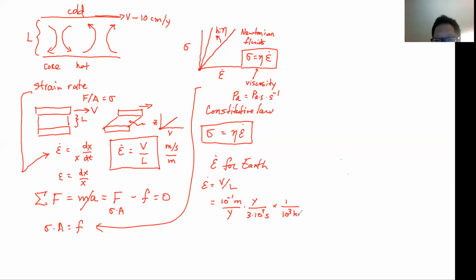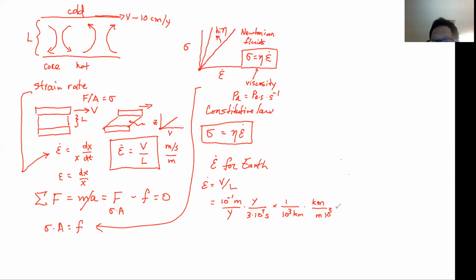That's the characteristic length scale over which the deformation is occurring. 3,000, 2,000, it doesn't matter. I'm going to convert this to SI units, so that's 10 to the 3 meters. You can see my kilometers cancel, my years cancel, my meters cancel, and then I'll get 1 over seconds.